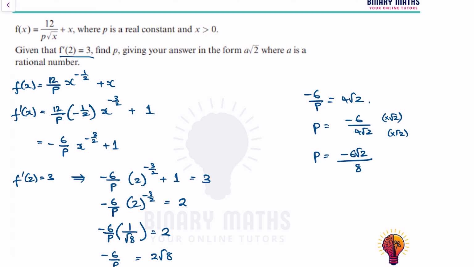I can see a factor of 2 in the top and bottom, so I can rewrite this as minus 3 root 2 over 4. So p is equal to minus 3 over 4 root 2, which means a must be equal to minus 3 over 4.